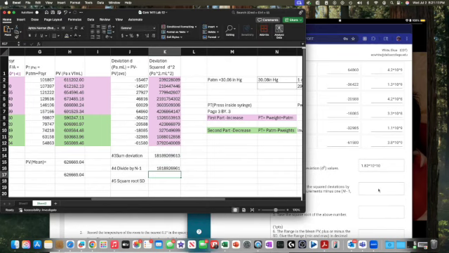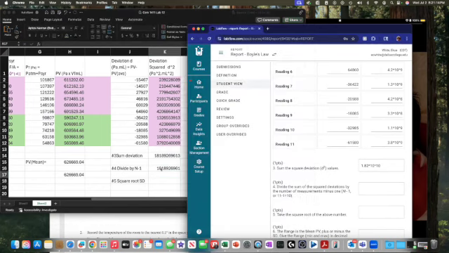And so we get the same number, just one less digit, right? So it's going to be 1.82. This one here. Let's see. We got 1, 2, 3, 4, 5, 6, 7, 8, 9, 10.